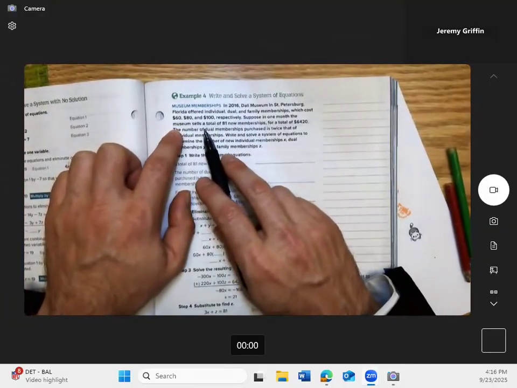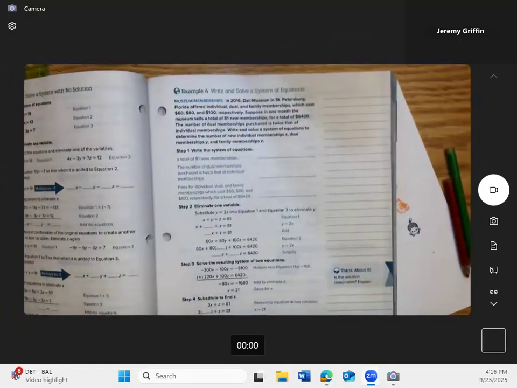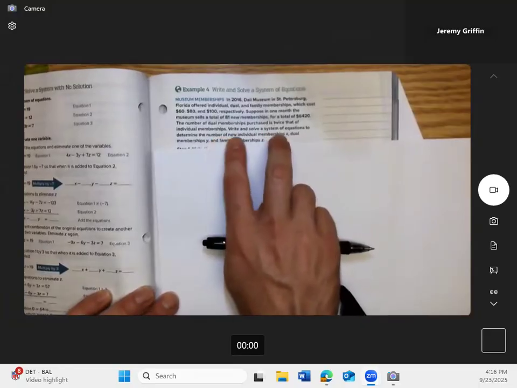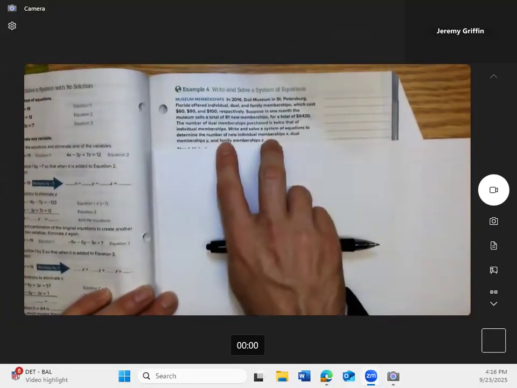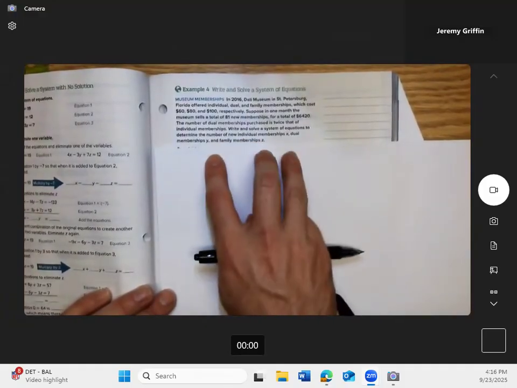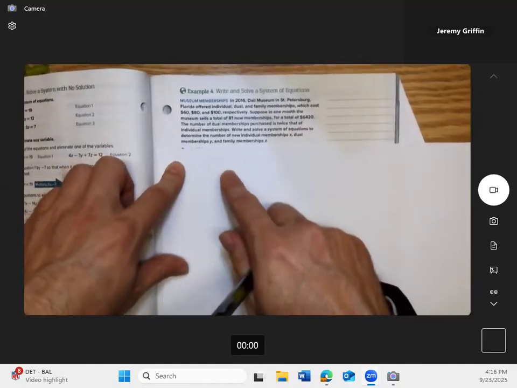Suppose in one month the museum sells a total of 81 memberships, for a total of $6,420. The number of dual memberships purchased is twice that of individual memberships. Write and solve the system of equations to determine the number of new individual memberships, dual memberships, and family memberships, which we're calling X, Y, and Z. Actually, let's go ahead and do this one. This one looks pretty fun.